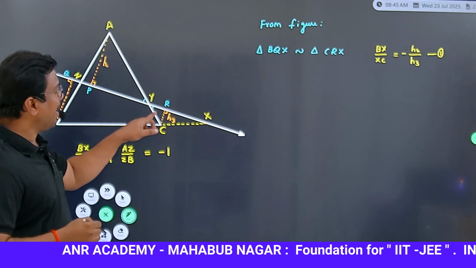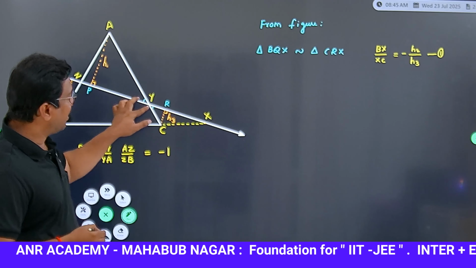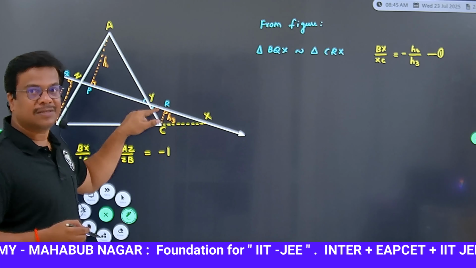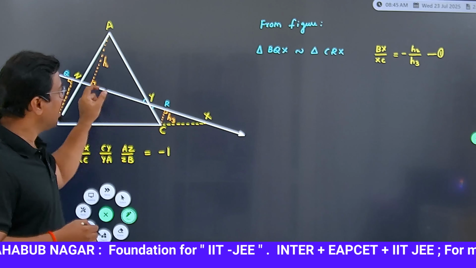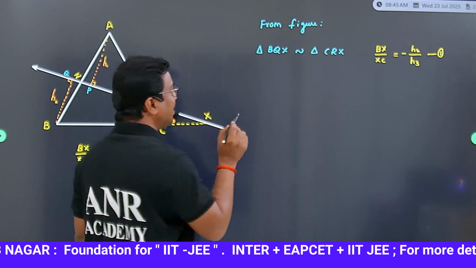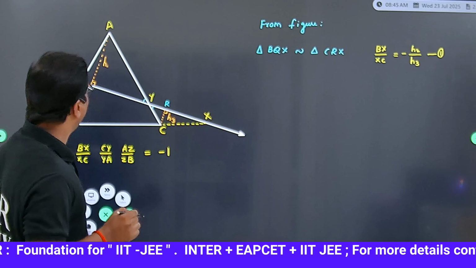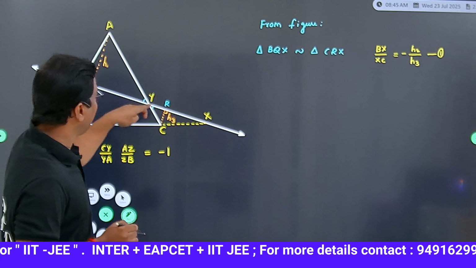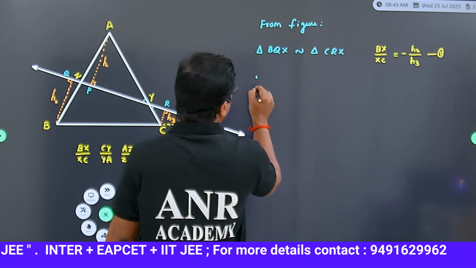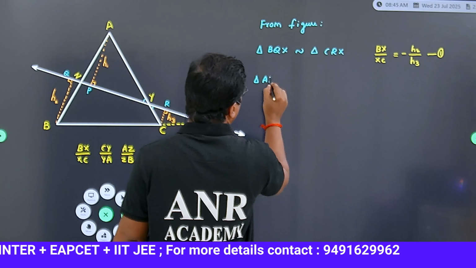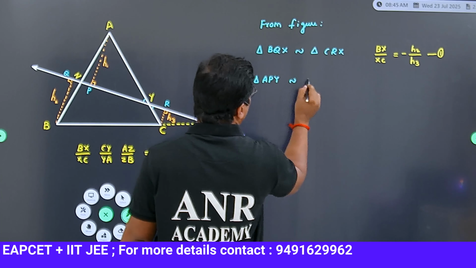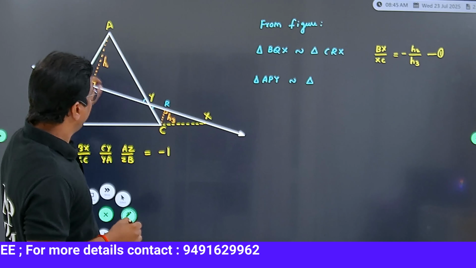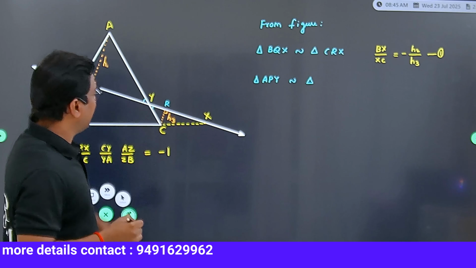Again by AA similarity, vertically opposite angles as well as 90 degrees. Two angles are equal. So by again angle similarity, I can write triangle APY, which is similar to triangle CPY.